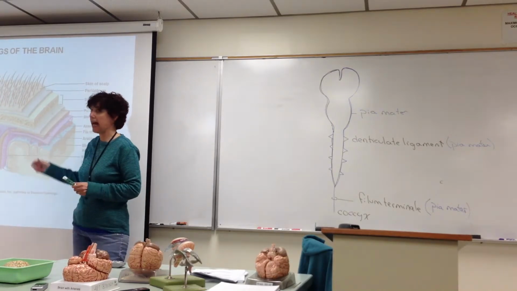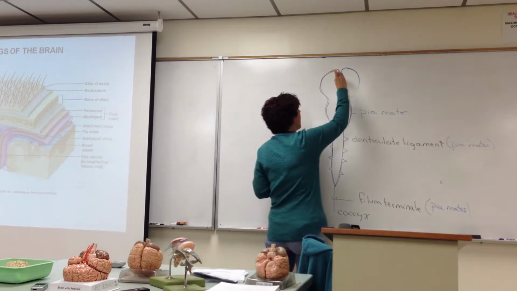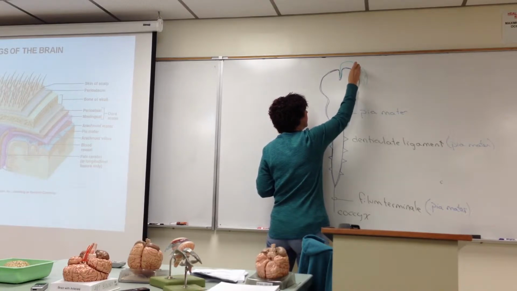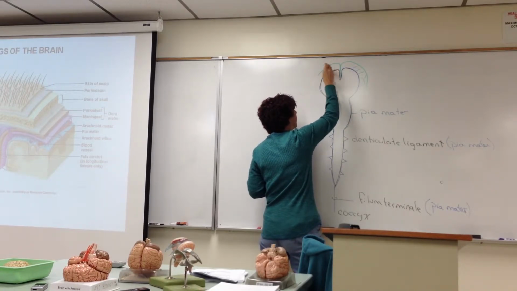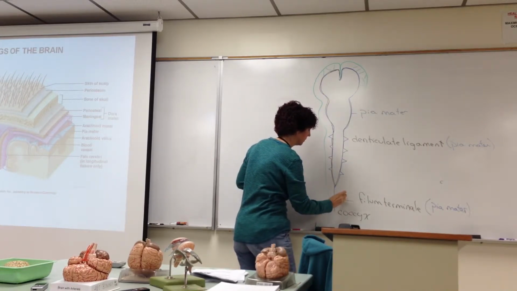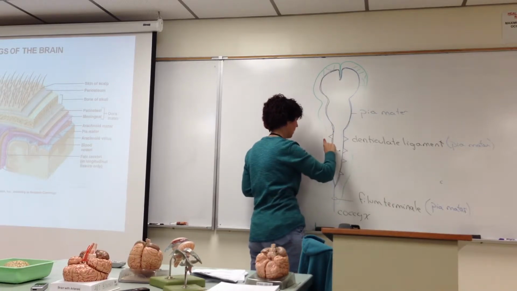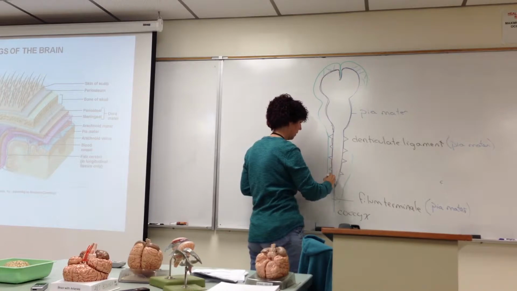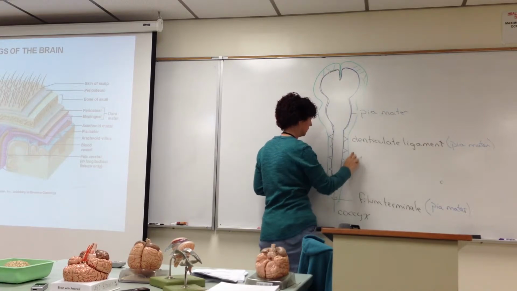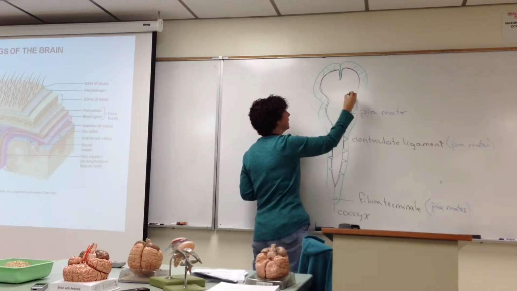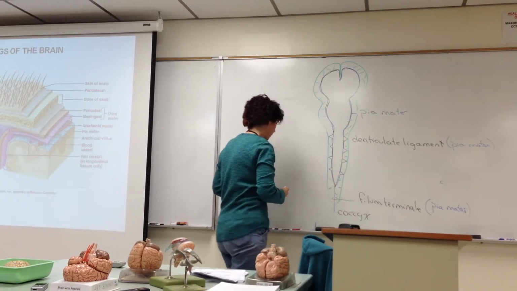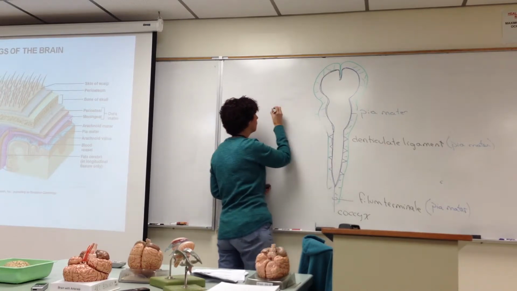And the reason it's called that is because of these little spidery filaments kind of are found within that space. It looks like spider legs. And so within this membrane would be the arachnoid matter.